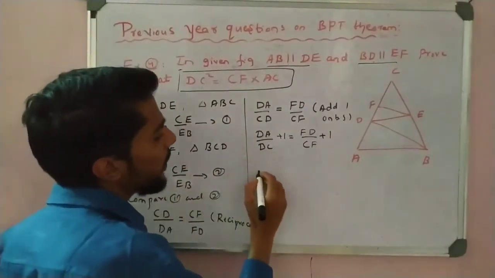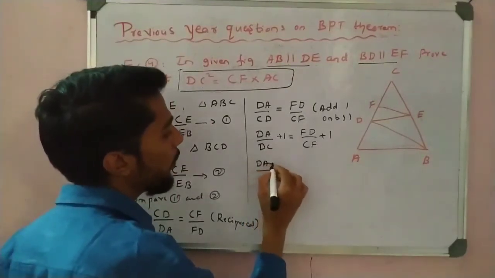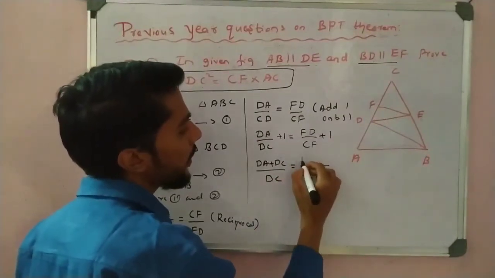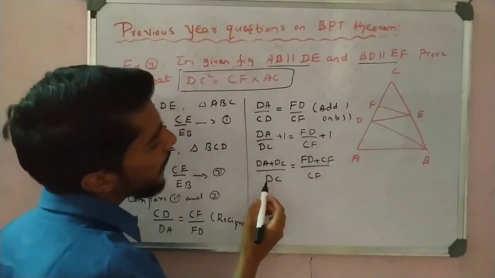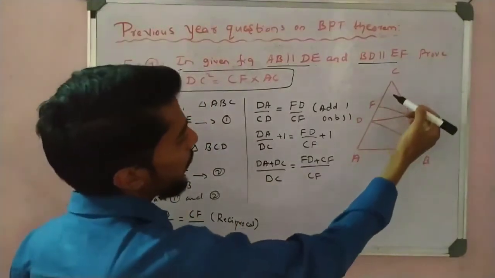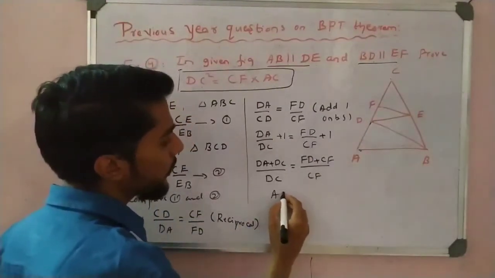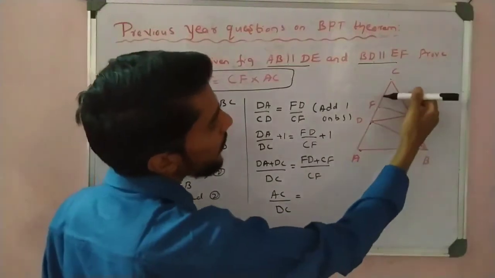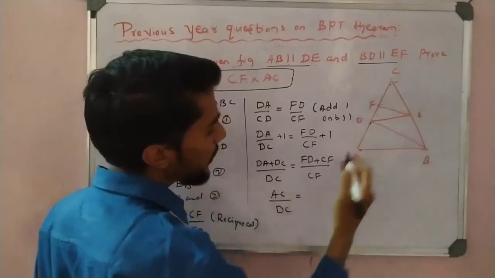So let us see here, DC is the LCM, so I get DA plus DC. Here also CF is the LCM, so I get FD plus CF. Now DA plus DC is nothing but our total AC. And FD plus CF, how much is it? It is DC.